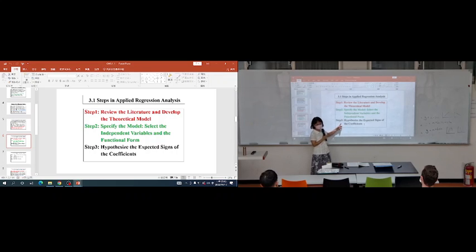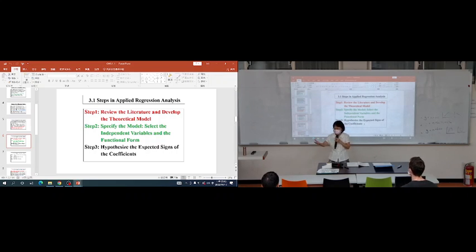And after you do this, when you review the literature, when you specify the model, when you expect the signs of their relationship, have you already collected the data? Not yet. So far, all this is in your mind.